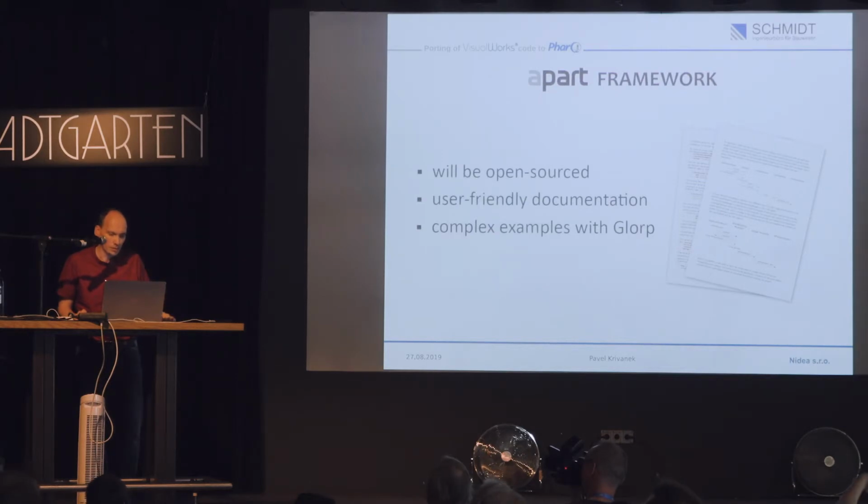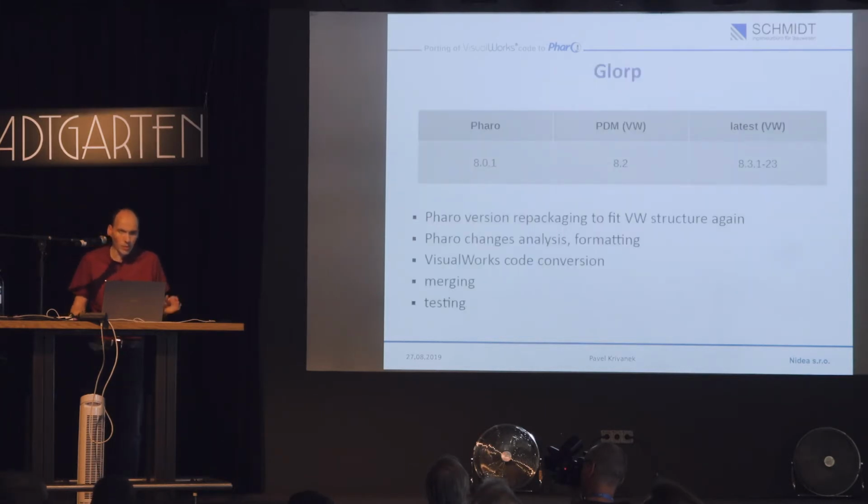We will publish complex examples that will use Glorp. When we are talking about Glorp, Glorp itself was present in Pharo. The version in Pharo was quite obsolete. It was based on version 8.0, while the Predicate Maps used version 8.2 in VisualWorks.